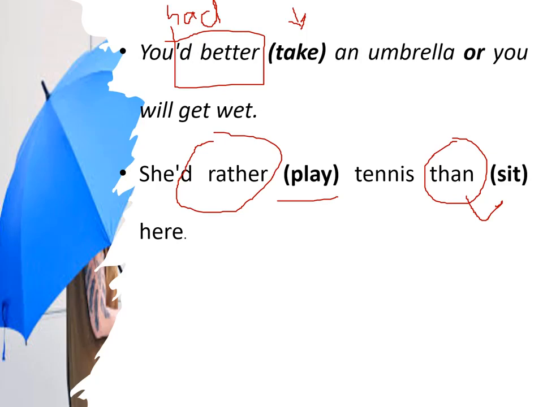I mean it is better for her to play tennis than sit there or here. So we have to understand that would rather, and then after these words we have to write the base form of the verb.